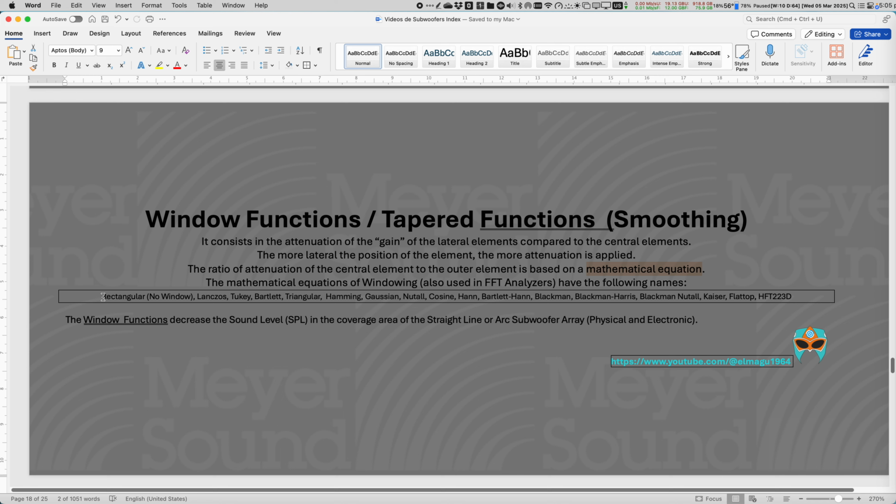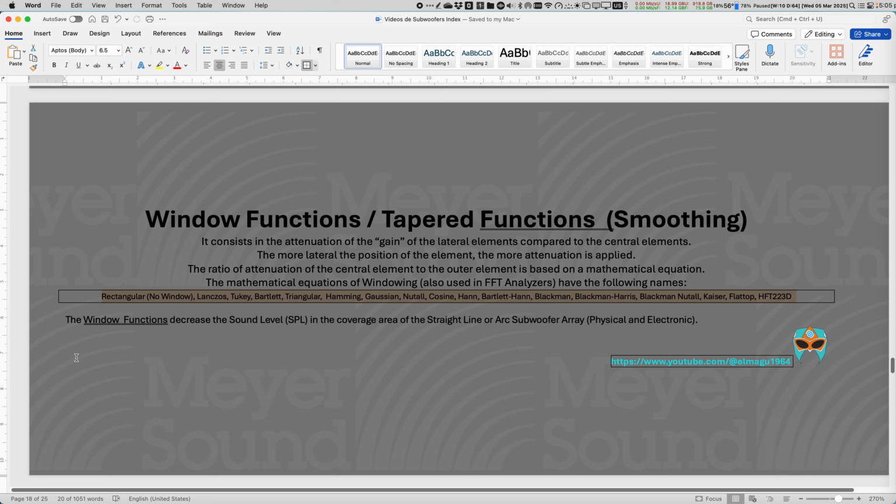and these are the same mathematical equations that are used in FFT analyzers. You may be familiar, if you have used analyzers, with any one of these names that are names of different window functions, from Lanczos and Tukey, that are the oldest ones being created, to the newest ones that can be the Blackman-Harris or the HFT 2236D or Kaiser.